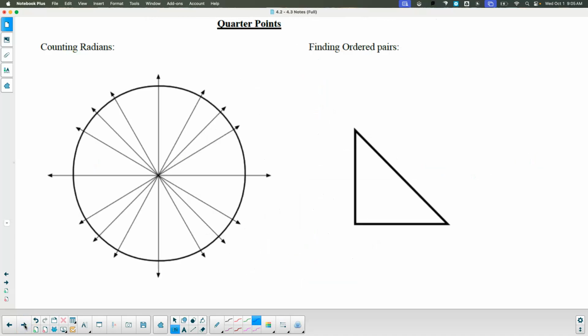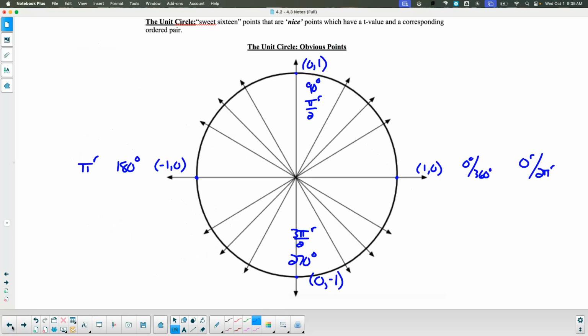Now let's talk quarter points. To develop, let me back up one slide. To get this point, to get that it was 360 degrees, we went all the way around the circle. To get this point over here, to say that it was 180 degrees, we went halfway around the circle. Then we went half of the half to get the 90 degrees.